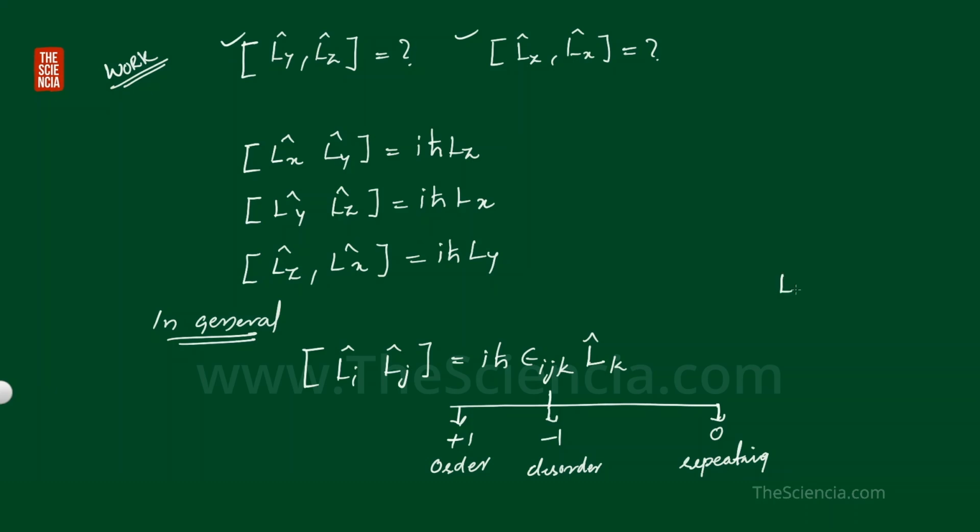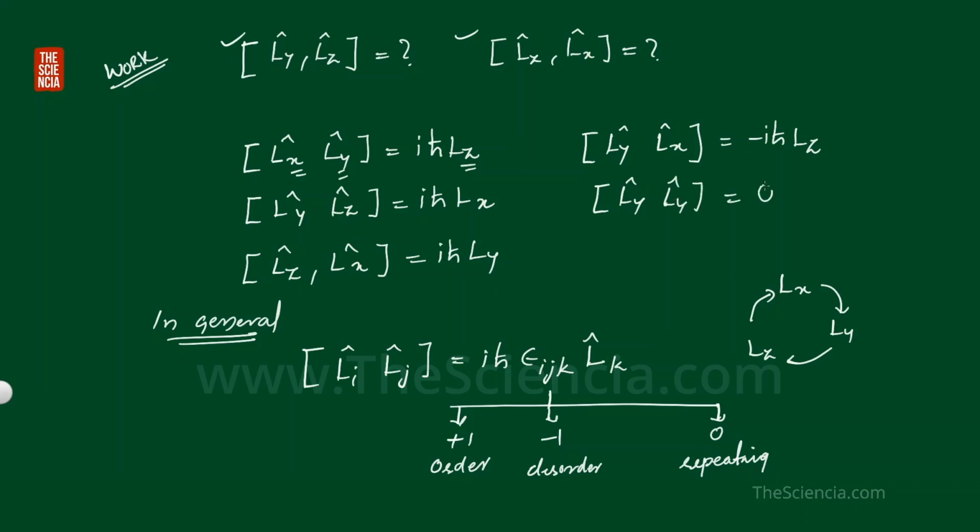Order is Lx, Ly, Lz. If they are in the order, then it will be positive. That is, this is Lx, Ly, so this is in order, so this is positive Lz, right? And if it is Ly, Lx, then now it is in disorder, so we will get minus iħ Lz. Okay, that is the meaning of this term. And if they are repeating, that means Ly, Ly, then that is equal to 0.